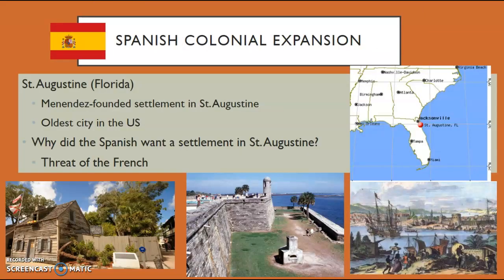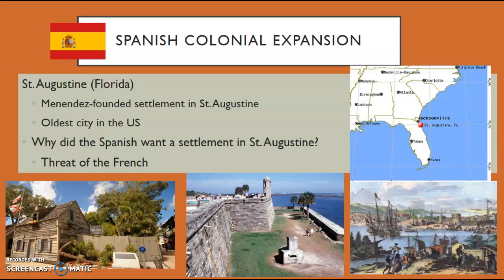The Spanish also are responsible for the very first city in the United States, and that's St. Augustine, Florida. And it was a settlement that was built by a man named Menendez, and it is considered the oldest city in the United States. And the Spanish wanted to put this settlement there because they were worried that the French were going to come in.